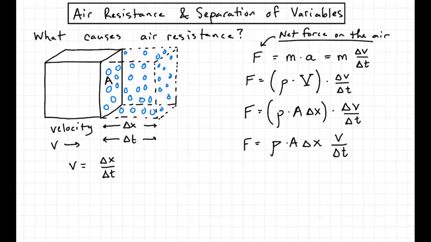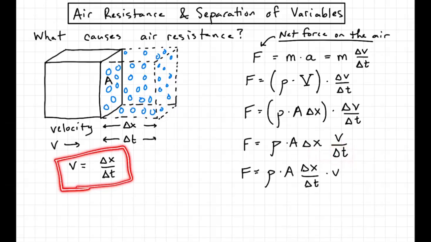Now what I'm going to do is kind of a trick, and I'm going to shift this delta t over here so we can see that I've got the density, the cross-sectional area, and then delta x over delta t times v. But we already know that delta x over delta t is just the velocity again. So I sort of secretly have two factors of velocity here, or at least I can write it this way.